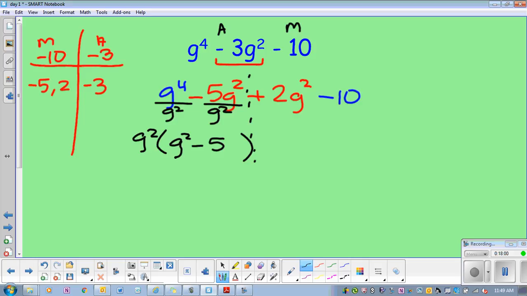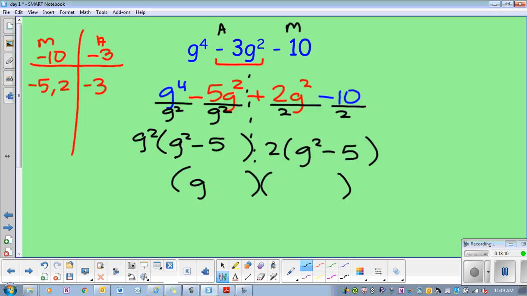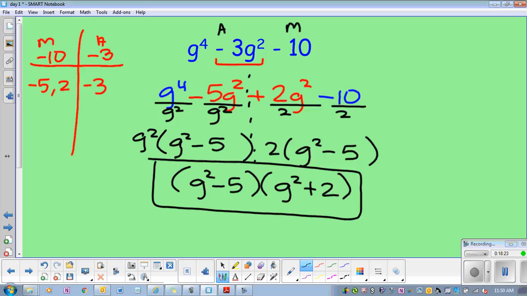On the right-hand side, there's 2 times G squared minus 5. So good. G squared minus 5 and G squared plus 2. Guys, can I factor any of those further? Is it a difference of squares? That's it. And perfect. Right? Time for lunch. See you guys. When we come back, we'll finish.